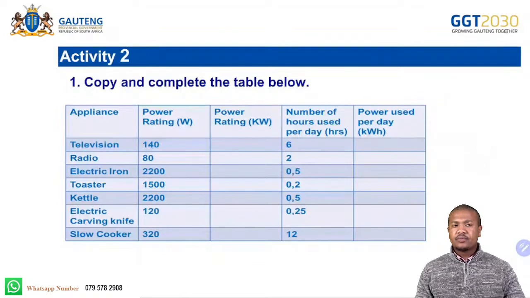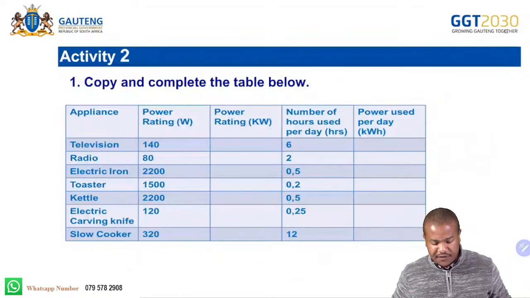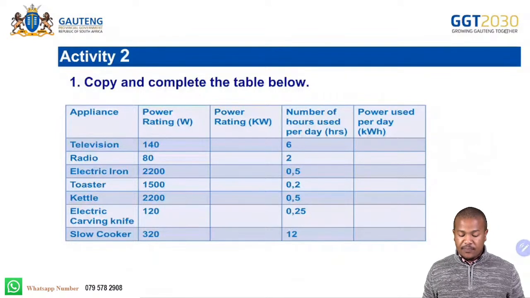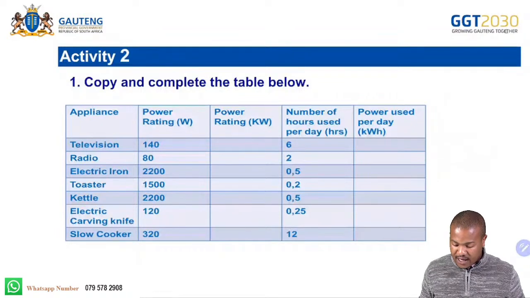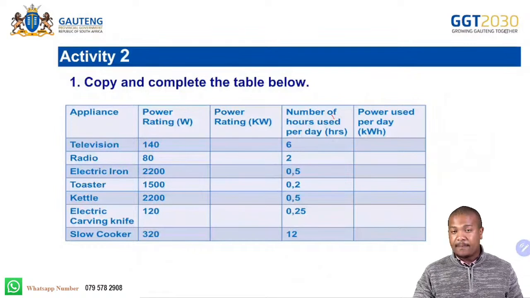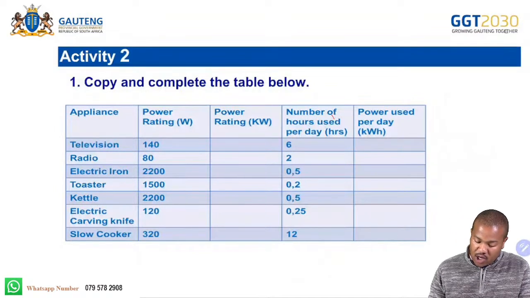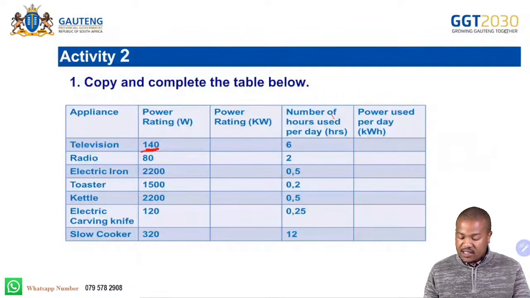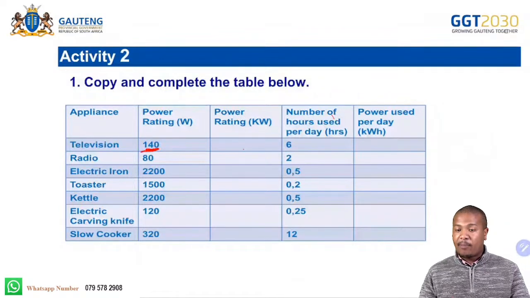So now, let's quickly look at activity 2. Copy and complete the table below. The table has appliances, power rating, and the number of hours used per day. You need to convert the watts into kilowatts in terms of power rating.